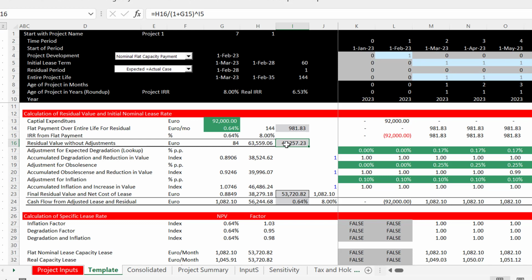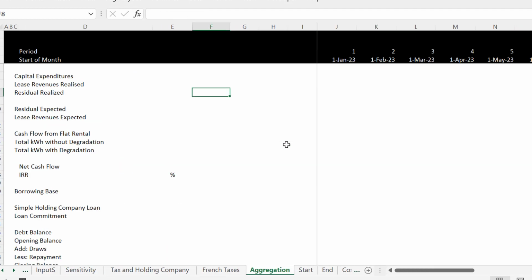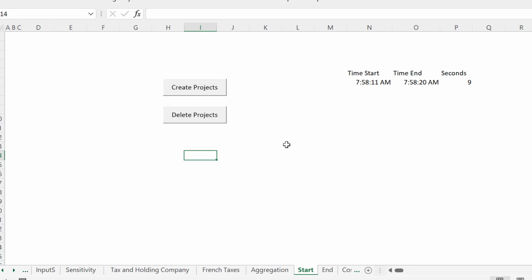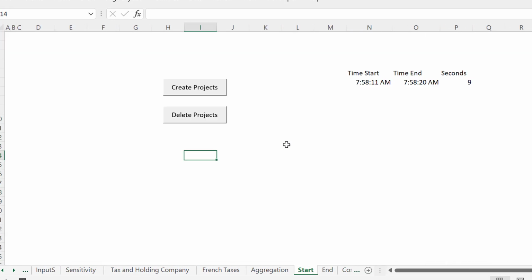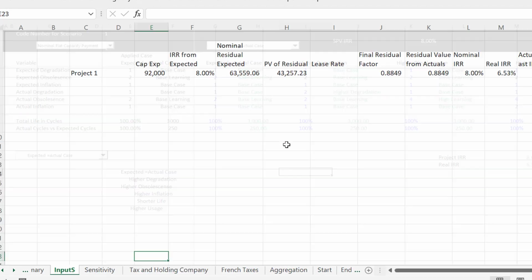Okay. We're of course going to then make our little start and end and create projects and delete projects. I even have a little time thing where we see how long it really takes to do all this.